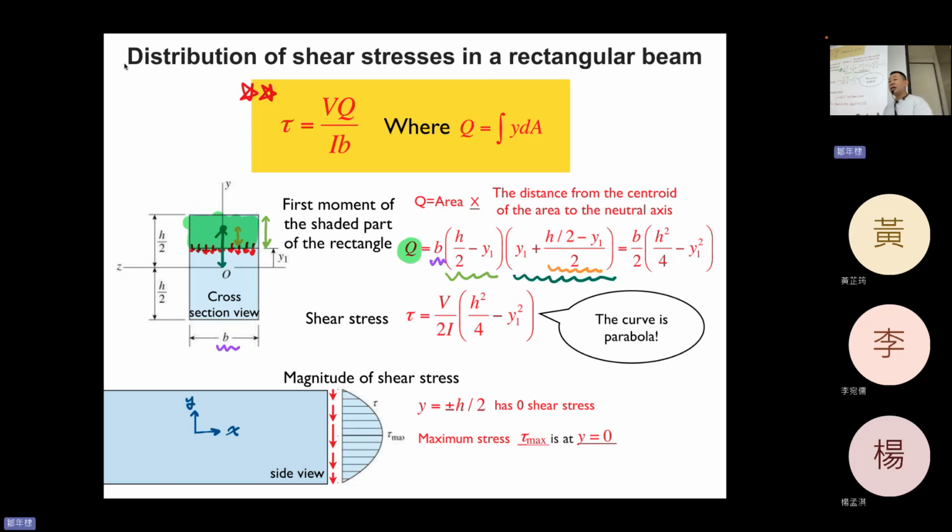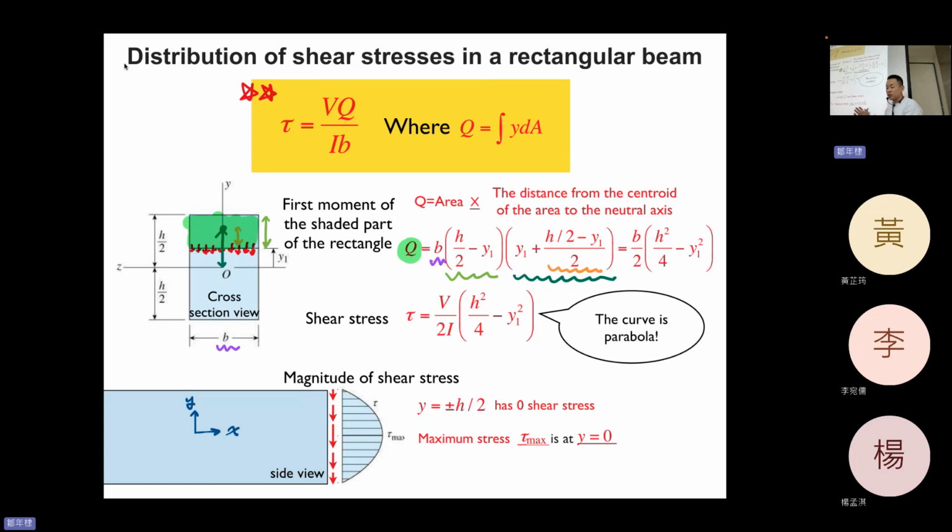So this is completely opposite to the normal stress due to the moment. The normal stress due to the moment has its maxima at the top and bottom, but shear stress is completely inverse. I hope you can understand what I'm talking about.